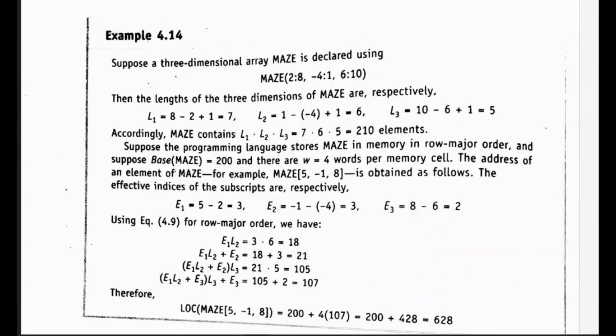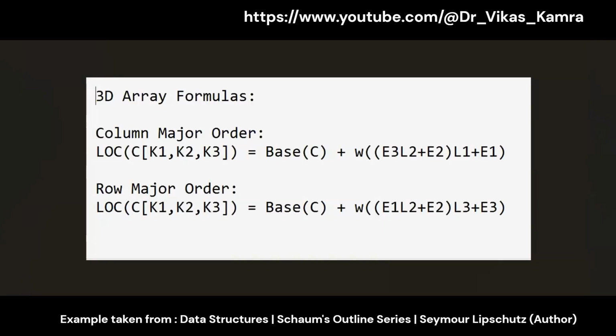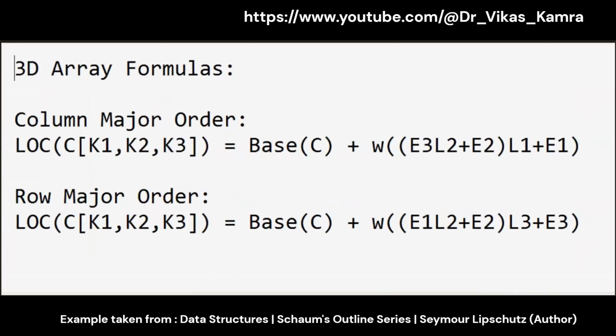So the values are 7, 6, 5, 3, 3, 2. Now coming back to the row major order calculation. So this is the row major order calculation. Here you can see we have to put the base address, which is equal to 200. Word size is 4.